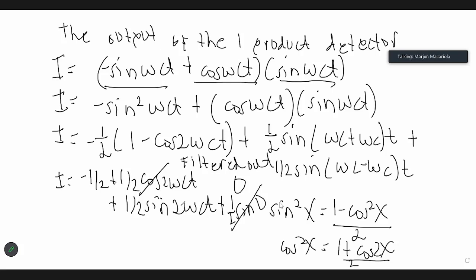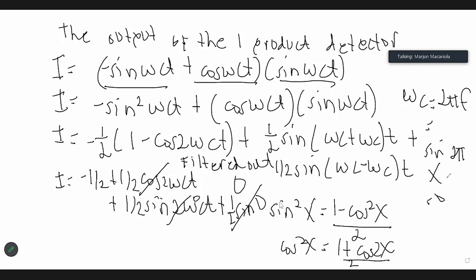Remember, when you see cosine 2 omega ct, that is always filtered out. And sine 2 omega ct is equal to 0. How? We all know that omega c is equal to 2 pi f, and any value of sine 2 pi is equal to 0. Okay?